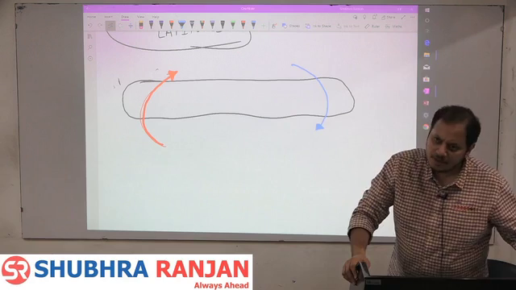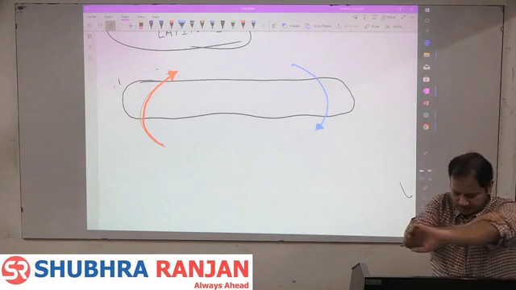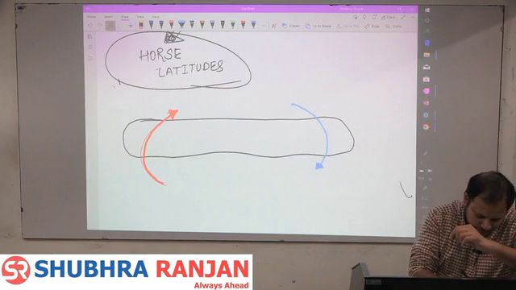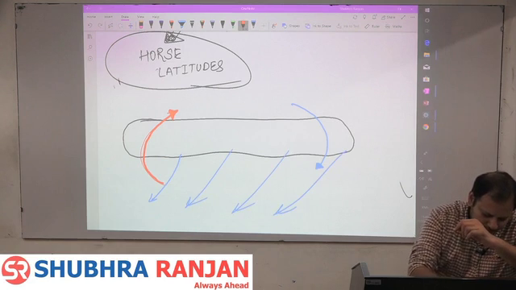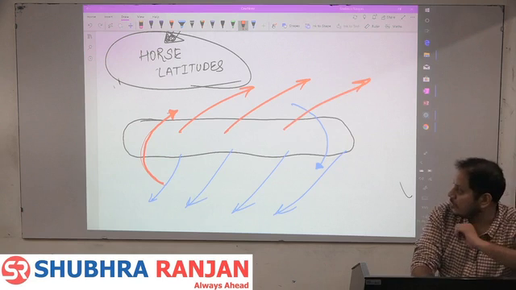Last point, this zone is the zone of origin of trade winds and westerlies.